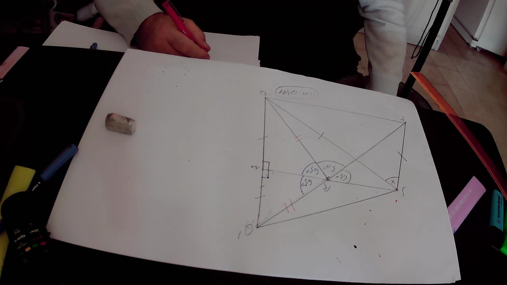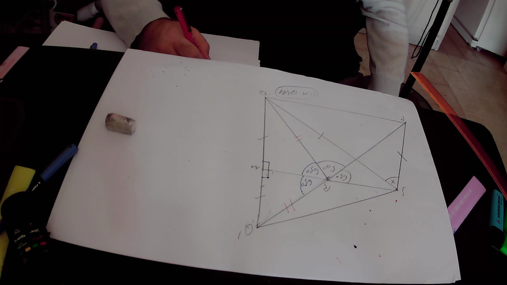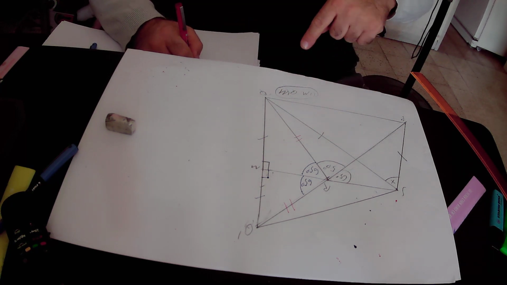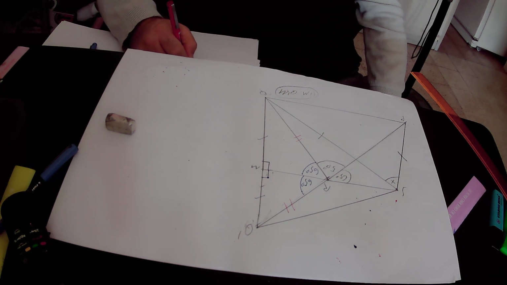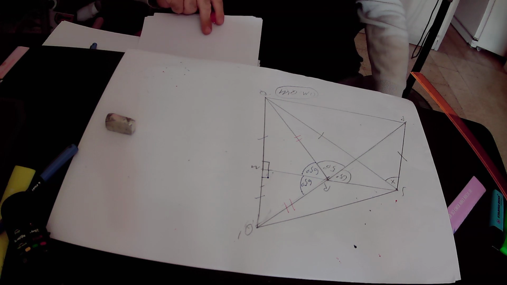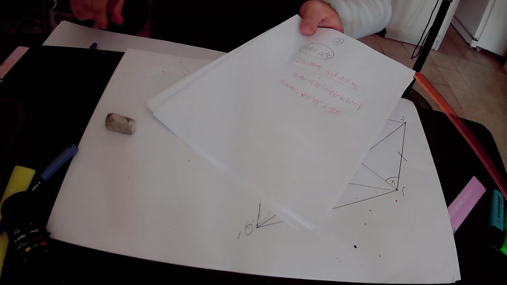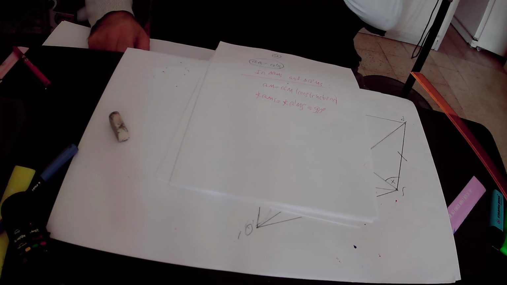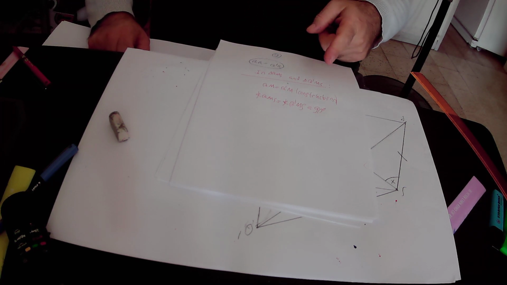So angle QMS, this angle, is equal to angle QDSMS, this angle, and they are both equal to 90 degrees.